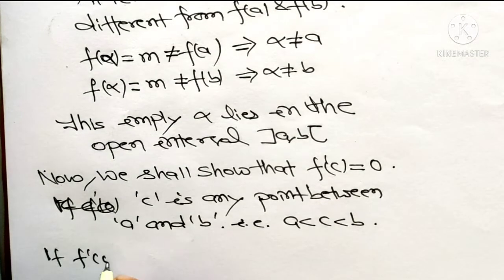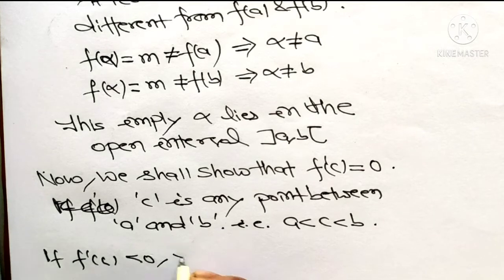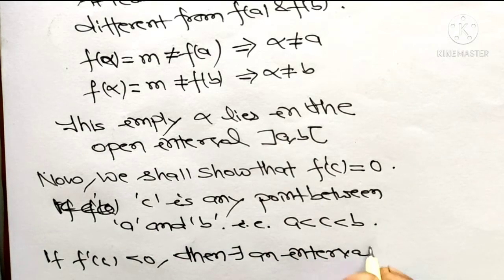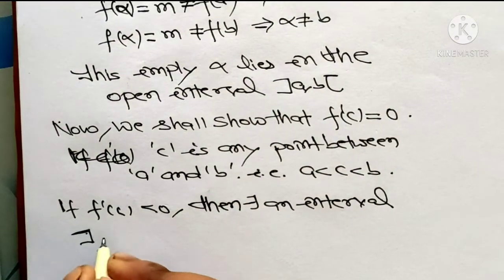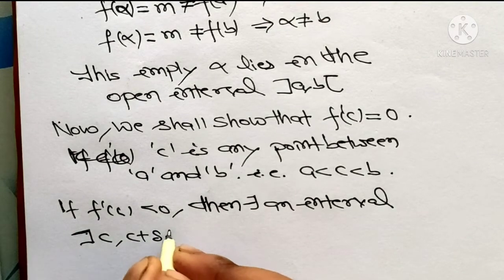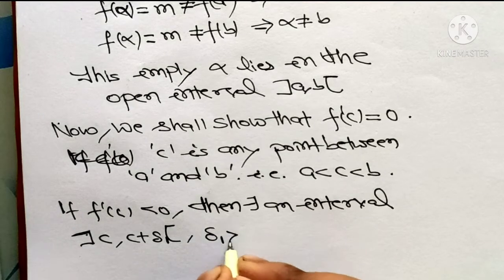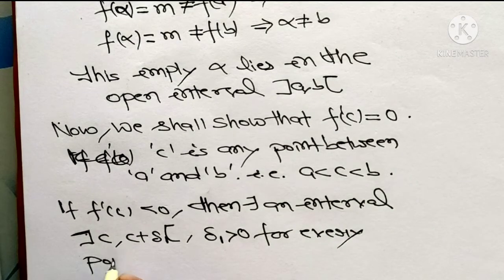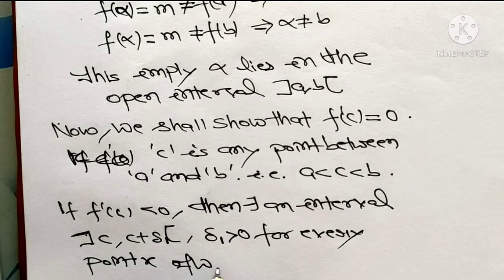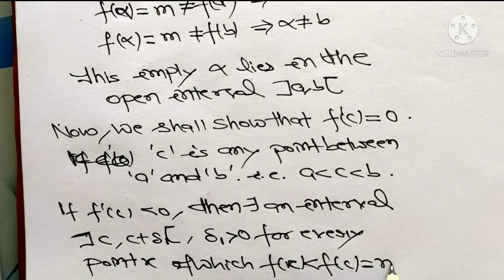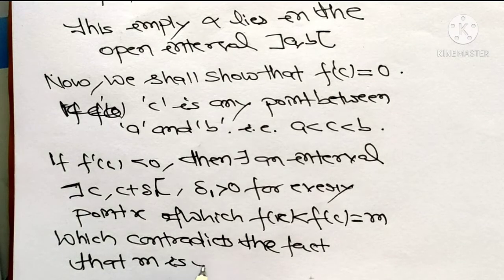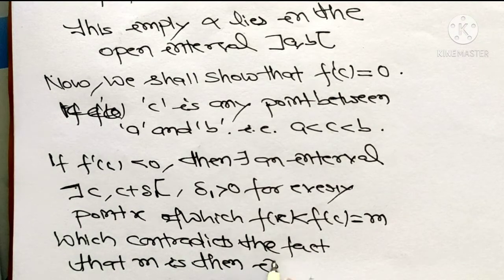If f dash of c is less than 0, then there exists an open interval (c, c plus delta 1), where delta 1 is greater than 0, for every point x of which f of x is less than f of c, which is equal to small m, which contradicts the fact that m is the infimum.